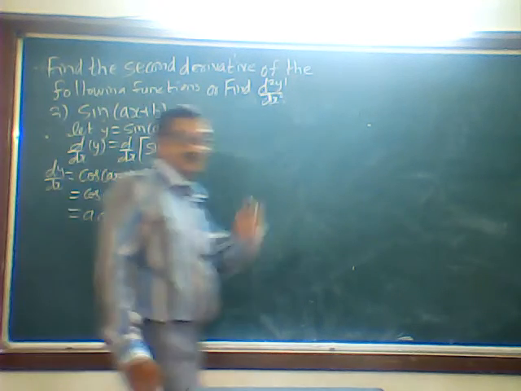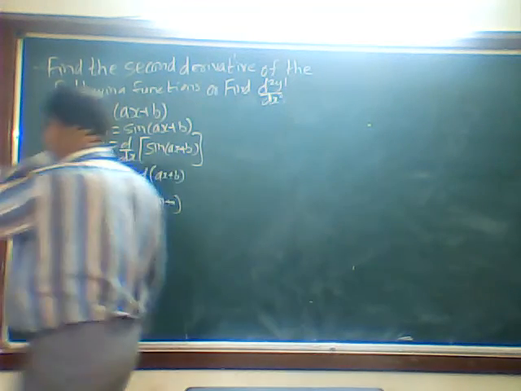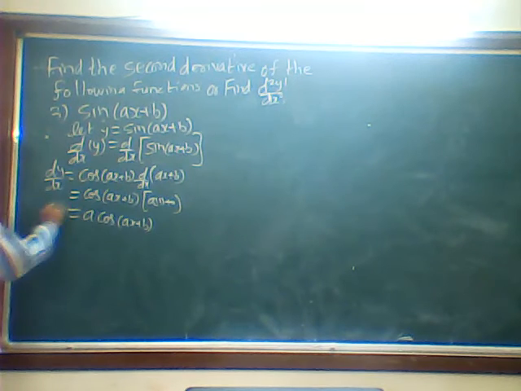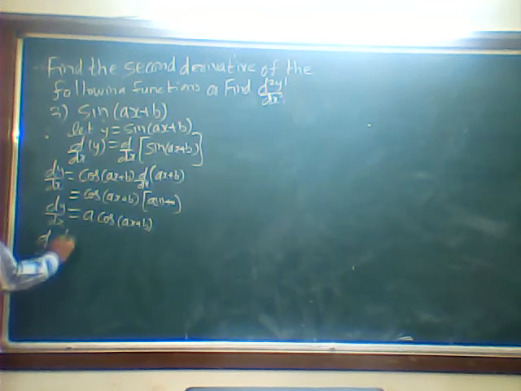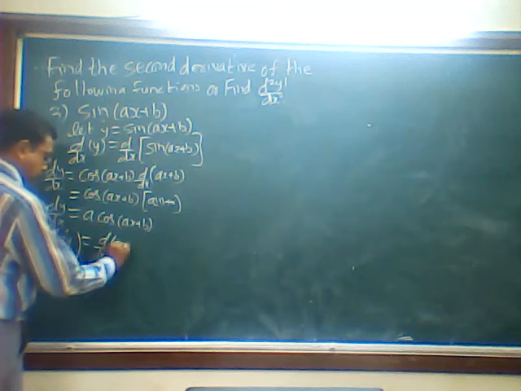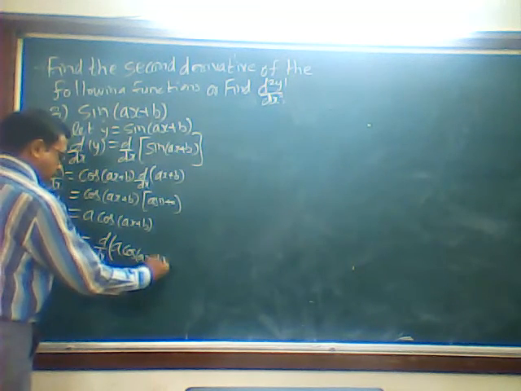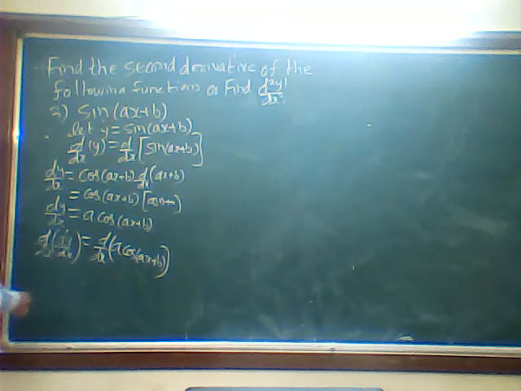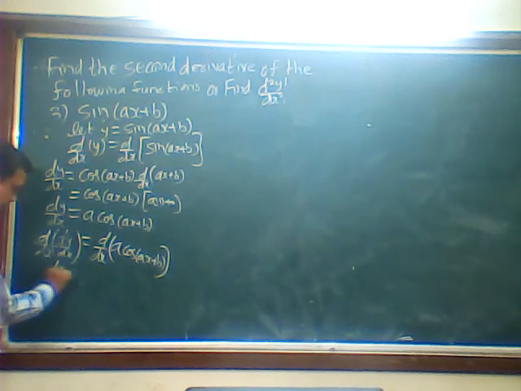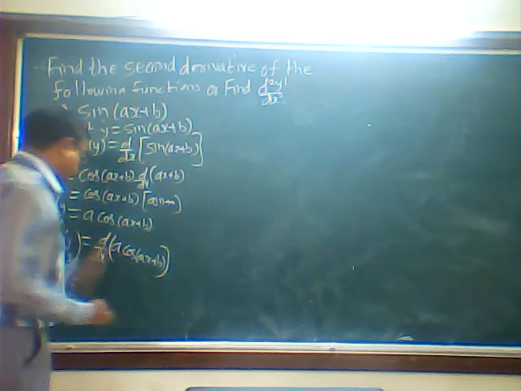Now the question asked is the second derivative, so again I have to apply d by dx on both sides. Now this will become d square y by dx square. Same procedure again: a is constant, take it out.